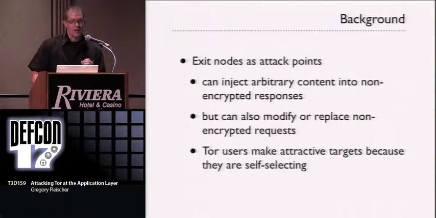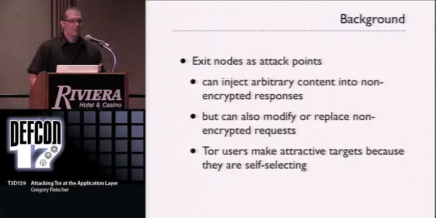So it's important to understand that exit nodes can be attack points. Some people always think it's just a place where you can monitor traffic, where you can look at stuff passively, but you can actually inject content into both requests and responses. So exit nodes can be used to attack you very easily, and this has been done in the past, and I'm sure it will continue to be done in the future. And why do people do this?